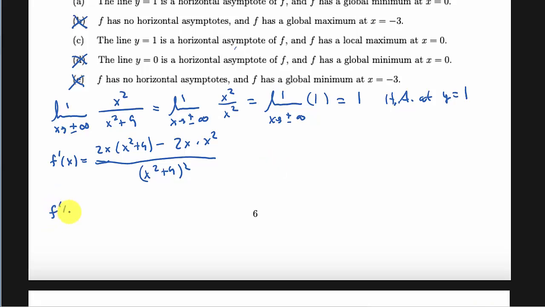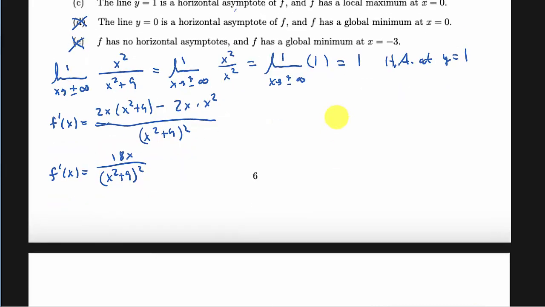And so we've got f prime of x is equal to, you can see this is going to be 2x cubed minus 2x cubed is 0, and that's going to be 18x over x squared plus 9 squared.